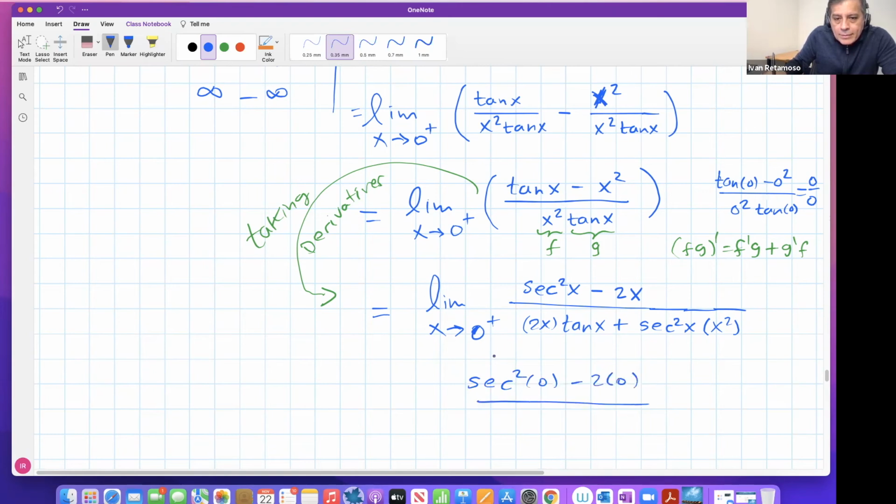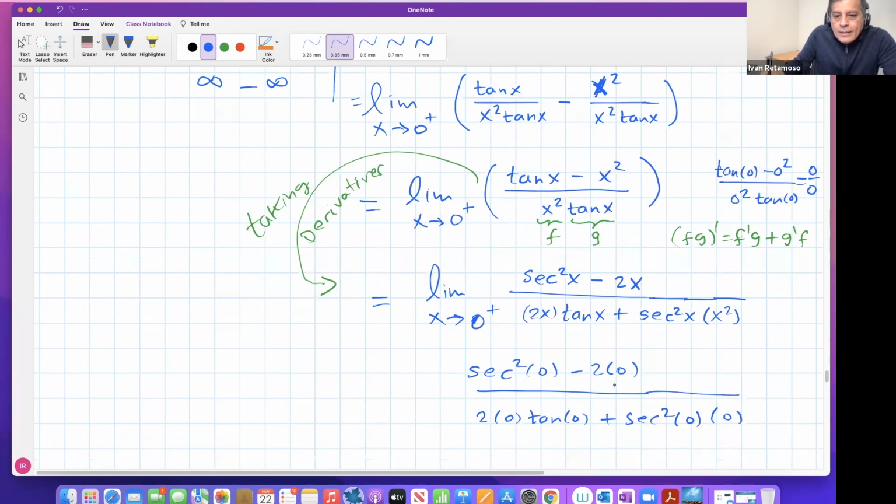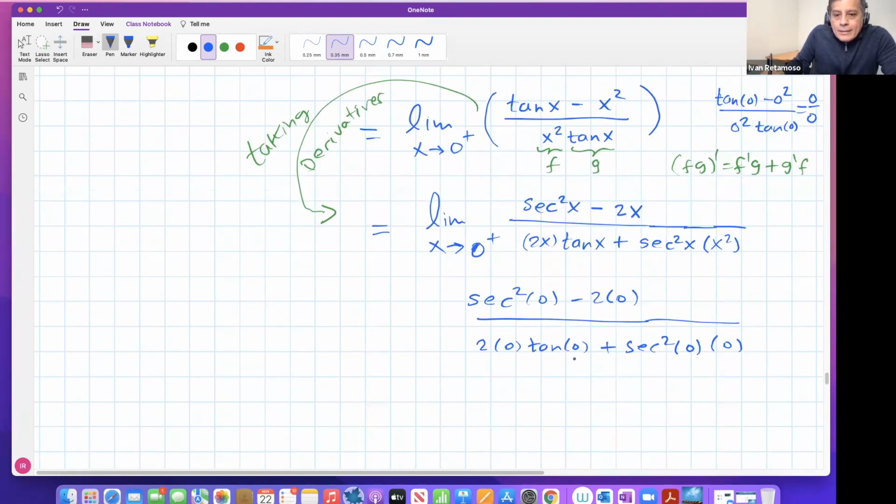Substituting 0: 2 times 0, tangent of 0 here, plus secant squared of 0 multiplied by 0. Here, I see that secant of 0 is just 1. 2 times 0 is 0, tangent of 0 is 0, secant of 0 is 1 times 0, 0.